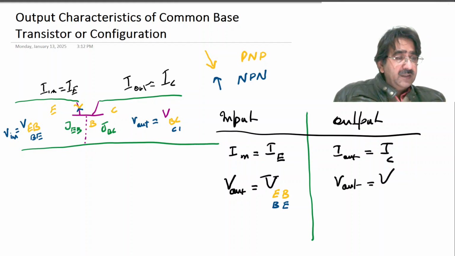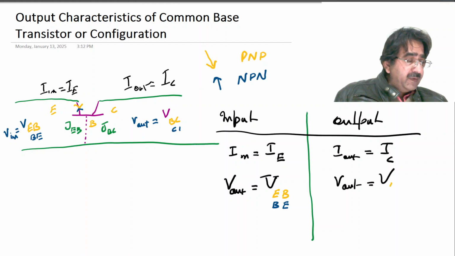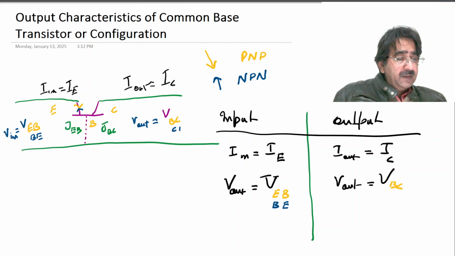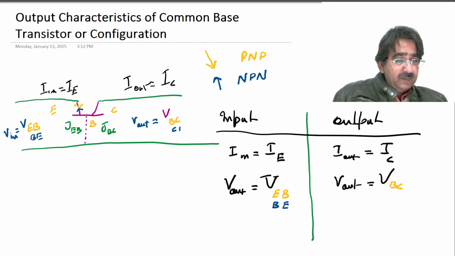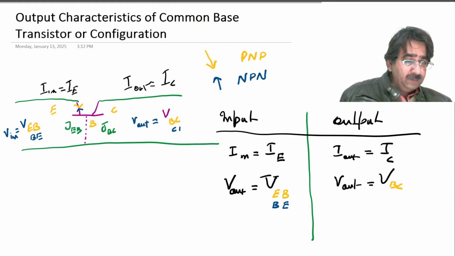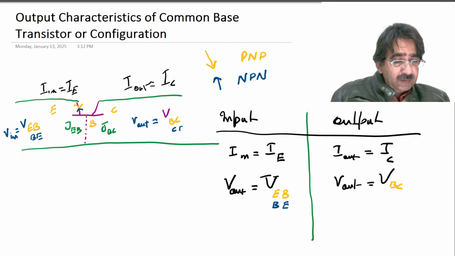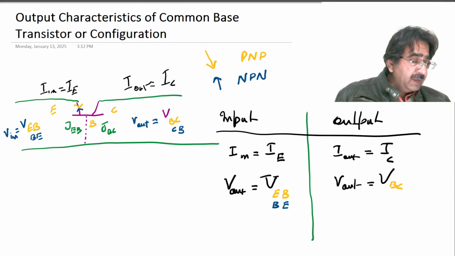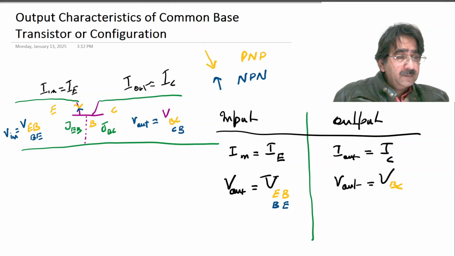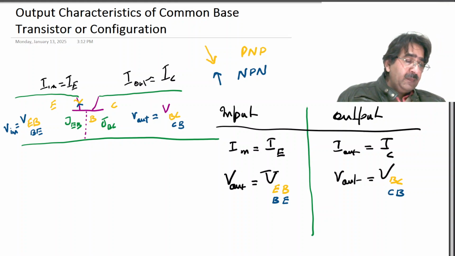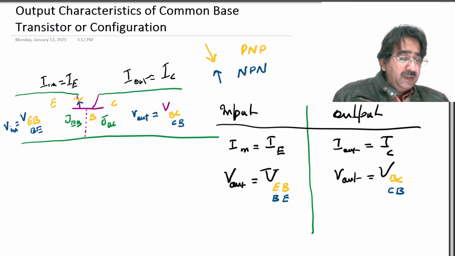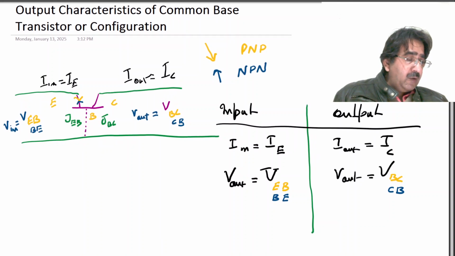Similarly, for the output it will be V_CB. So this will be the output voltage.